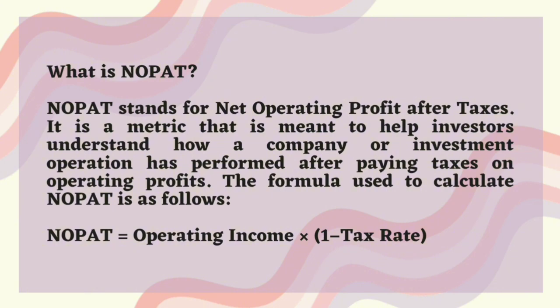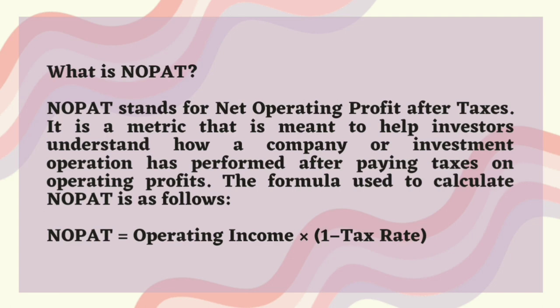Let's explore these terms one by one to make it clear. Operating income is gross profit less operating expenses. For commercial real estate investors, this usually means rental income less expenses associated with maintenance, property management, insurance, and property taxes, not income taxes.